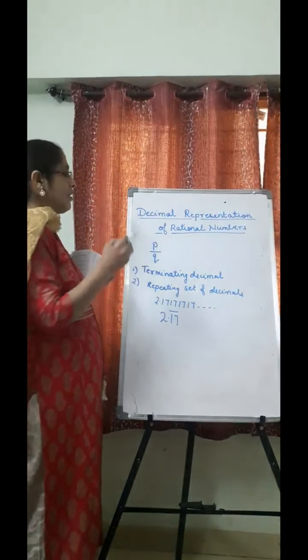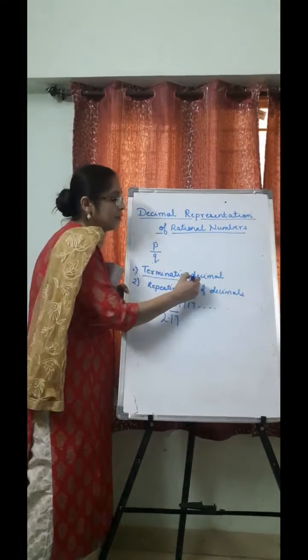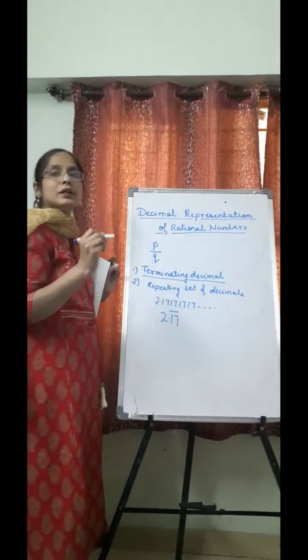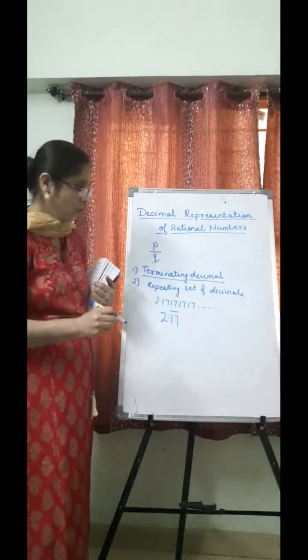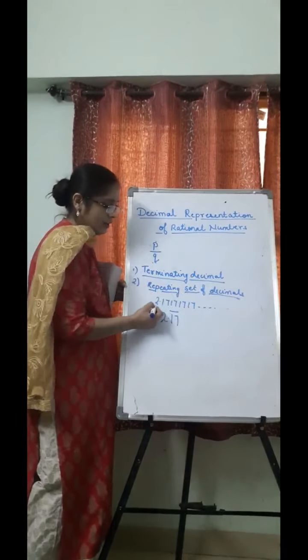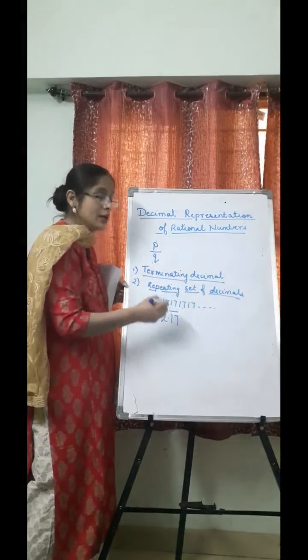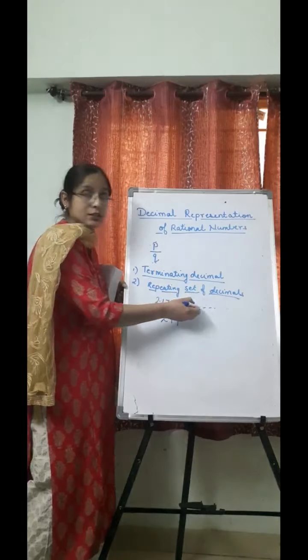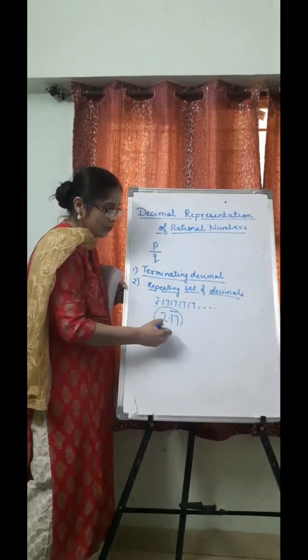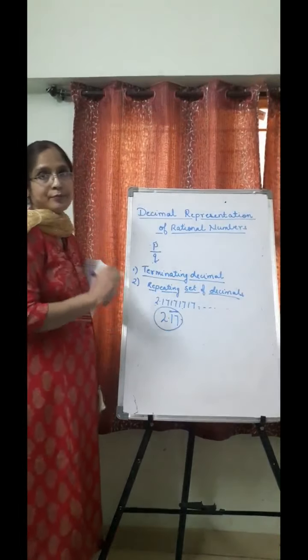To conclude, when P is divided by Q, either we get a terminating decimal, that means the remainder is 0, or we get a repeating set of decimals, for example 2.17171717 and so on. It will never terminate. So it will be 2.17 with a bar. We will put a bar for the repeating decimal.